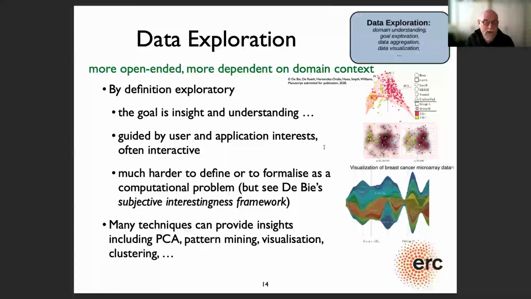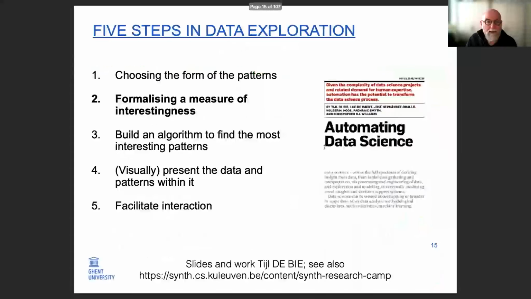And the thing is that it's very hard to formulate an objective criterion to really do this data exploration task. Nevertheless, there are some works, like from my colleague Tijl De Bie, that is really trying to formalize what is meant by this subjective interestingness. Subjective meaning interestingness according to the end user, that should be formalized in a sense.